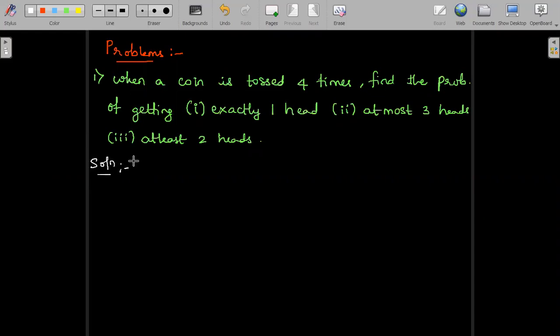Because a coin is tossed 4 times, we can consider n = 4. When a coin is tossed a single time, let us denote the probability of getting a head by small p, where p stands for success. Since all the sub questions are based on getting heads, all the cases are with respect to getting heads.